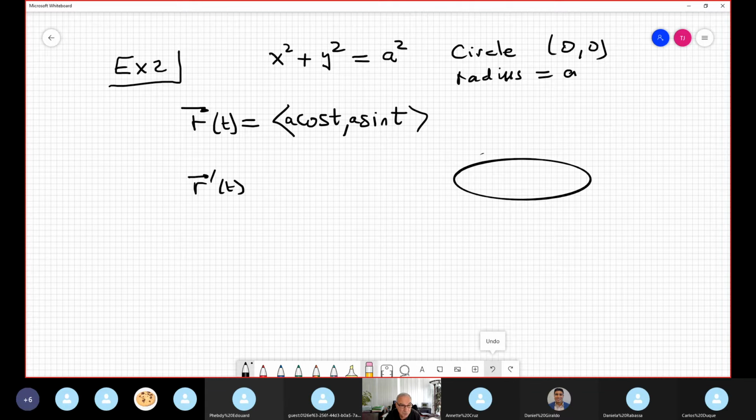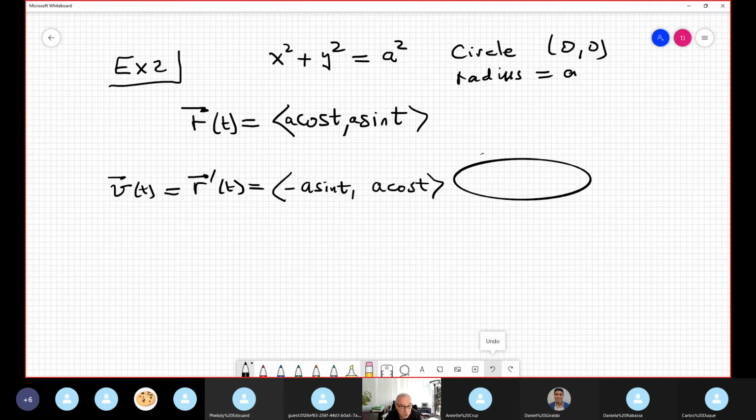By the way, guys, the first derivative is the velocity, no? This is the velocity vector. Entonces derivative of cosine, sine. Entonces es minus a sine t, comma a cosine t. Derivative of sine is cosine. Super.